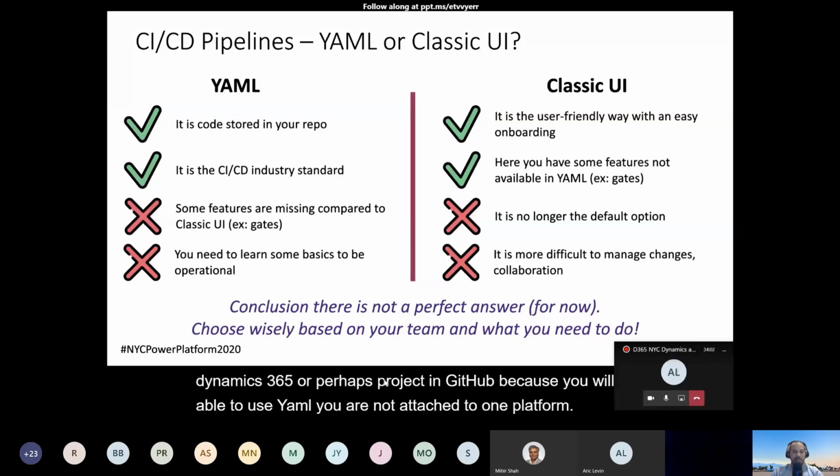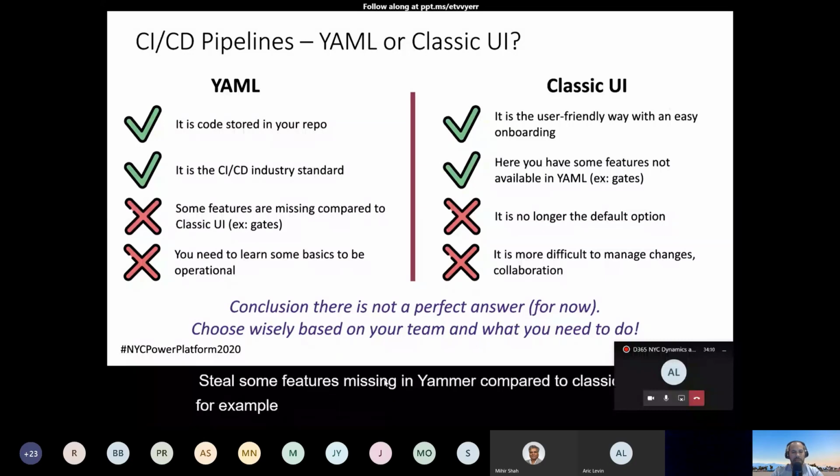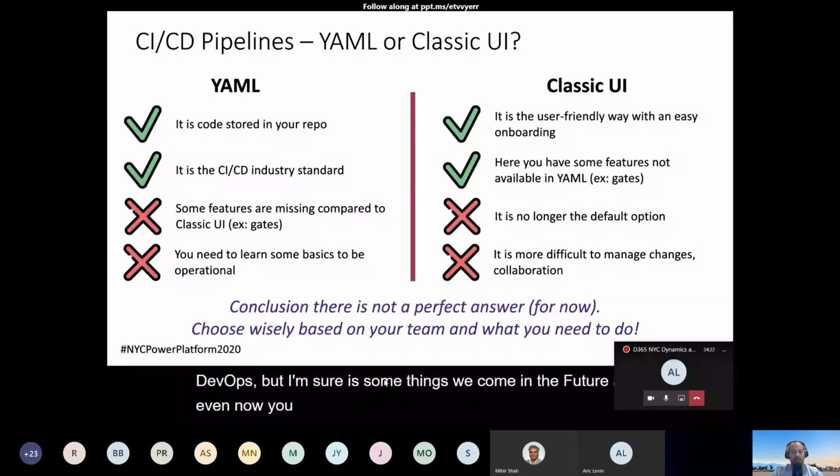There are still some features missing in YAML compared to classic UI, like for example the gates in the release pipelines part of Azure DevOps. But I'm sure some things will come in the future, and even now you can find some workarounds for these missing features.